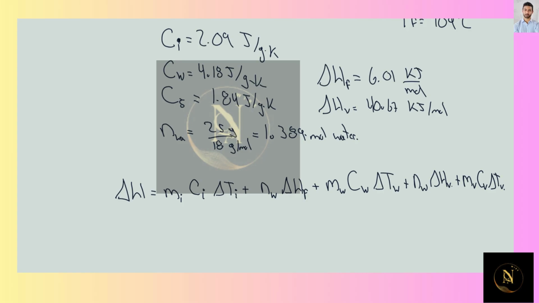So we know that delta T for the ice is going to be equal to 4 degrees Celsius, which is the same as 4 Kelvin. We know that delta T for the water is going to be equal to 100 degrees Celsius because we're going from 0 to 100 degrees. So final minus initial, 100 minus 0, 100, which is going to be the same as 100 Kelvin.